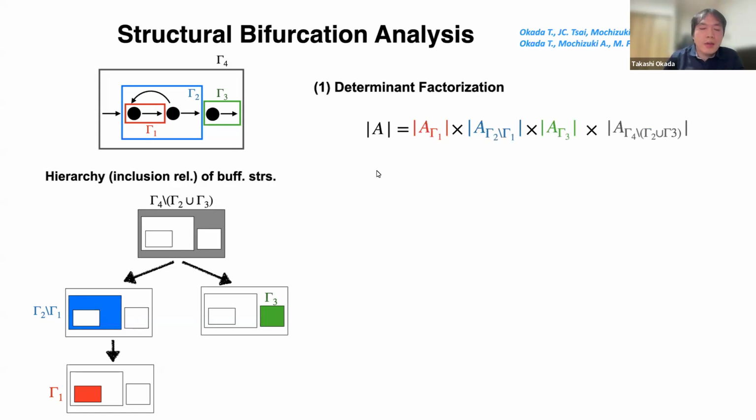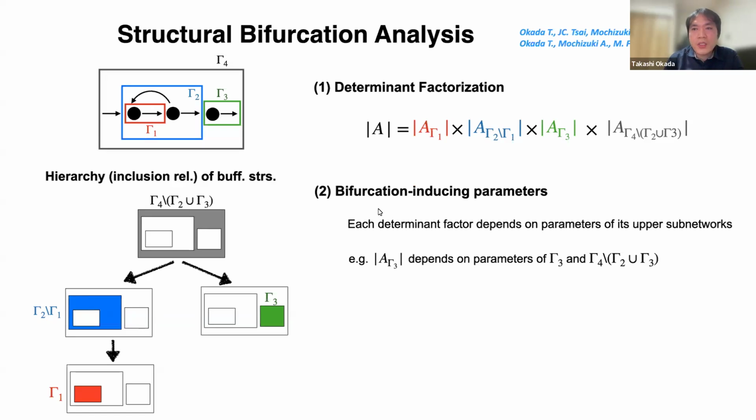Then our method implies that the determinant is factorized into multiple factors, and each factor corresponds to a particular buffering structure. And secondly, the property of buffering structures implies that each determinant factor depends on parameters of the upper subnetworks in the hierarchy. For example, A gamma 3 depends on parameters of gamma 3 and parameters of this top subnetwork.